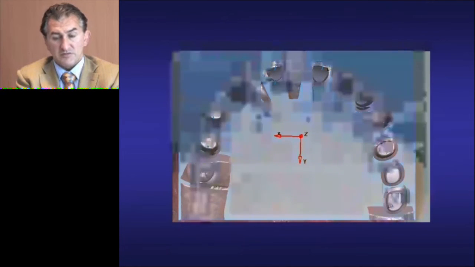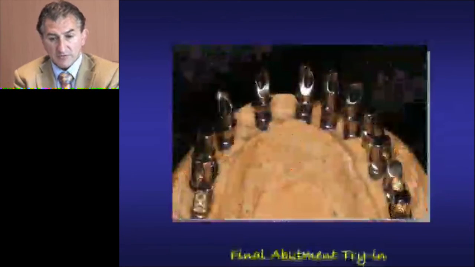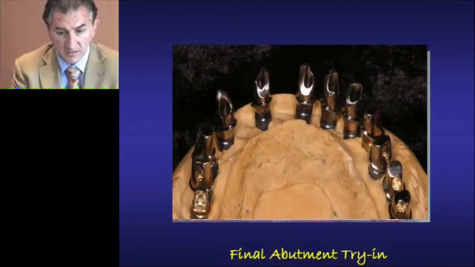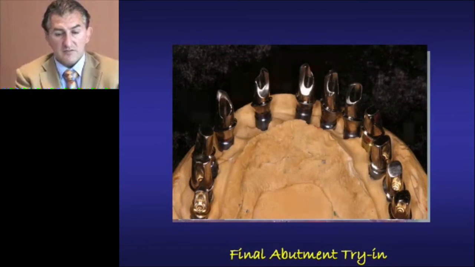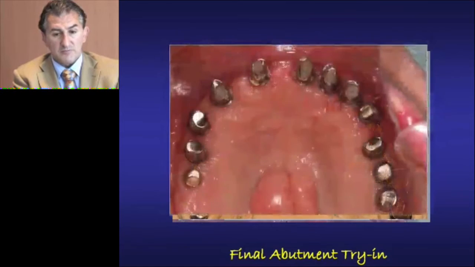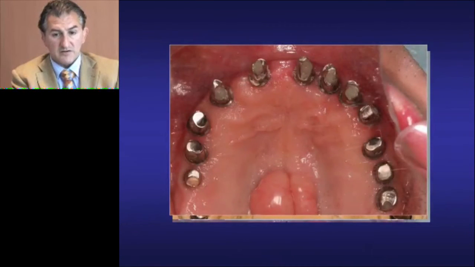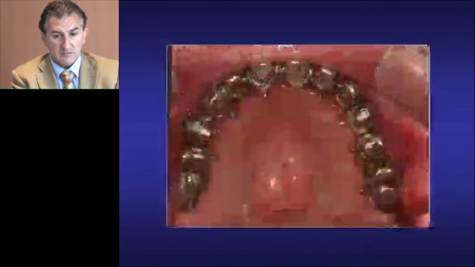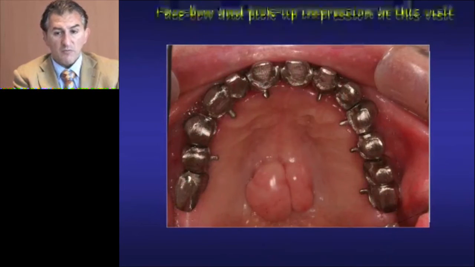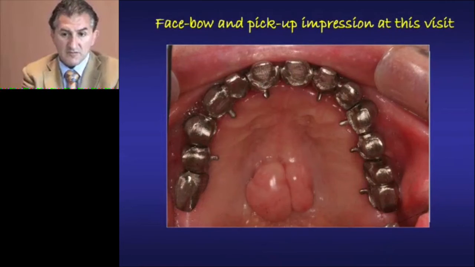The abutments are returned to us and to the laboratory, and then the laboratory is going to make the individual castings. In this case, we had a 3-unit bridge from tooth number 6 to number 8, so there was one solder connection between 6, 7, and 8. We face bow and do a pickup impression at this visit.